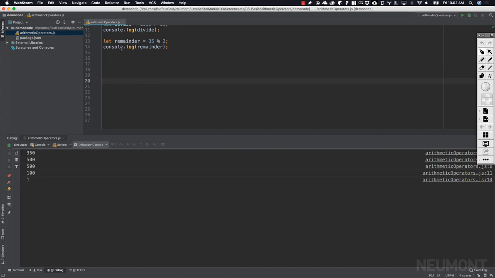Now, the two operators that are really cool that we can use are our increment and decrement operators. Let's go ahead and look at increment. A lot of times in programming, we are going to want to take a number and increment it, usually by 1, as we are counting up from 0, or if we are counting down, we might want to decrement that number. This comes in really handy when we are working with loops.